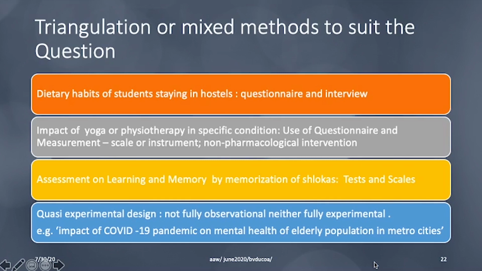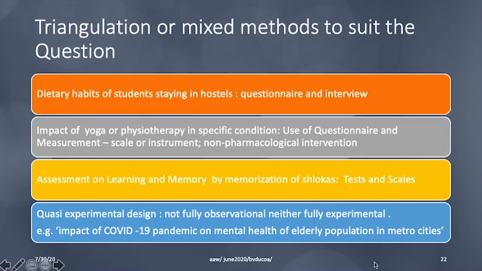For example, in the present situation of COVID-19, we are seeing that many elderly people are suffering from depression. Now, the impact of the COVID-19 pandemic on the mental health of the elderly population in metro cities becomes a quasi-experimental study, because nobody has planned this, but this has happened.